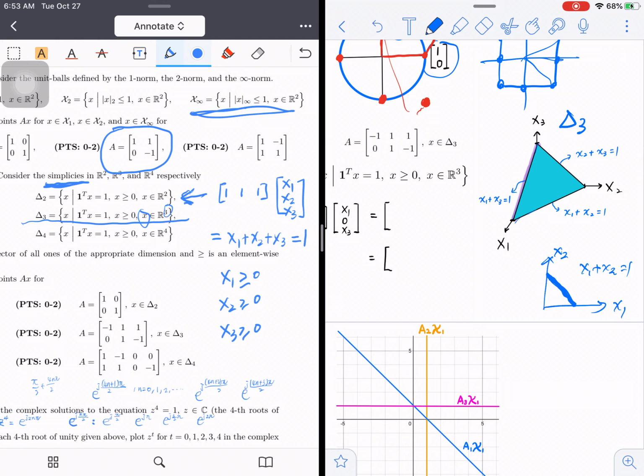For 3-dimension, this is a surface, and this surface tells you that each point on this surface has a property which is x1 plus x2 plus x3 equal 1. So you can project these two, for example, this line. This line is x1 plus x3 equal 1. So this is 1, and this is 1, and this is 1. Okay. So this is the simplex.